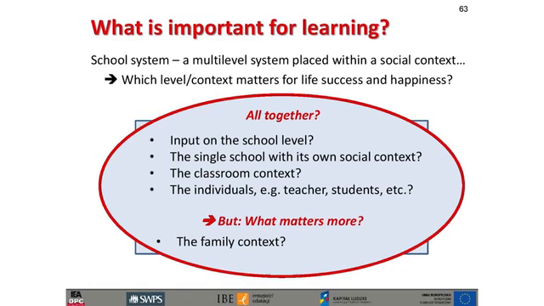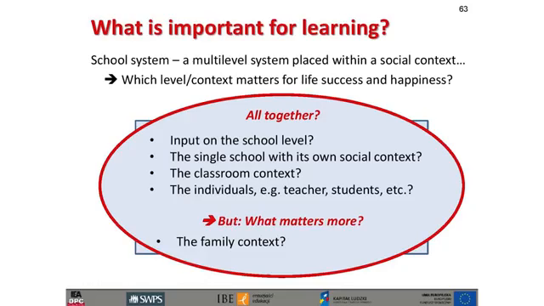So what is important for learning? We have the school system as a multi-level system placed within a social context, right? But the question is, of course, which level context matters for life success and happiness, when we say that those are important outcomes. But let's say that those are important outcomes. So is this the input of the school system?